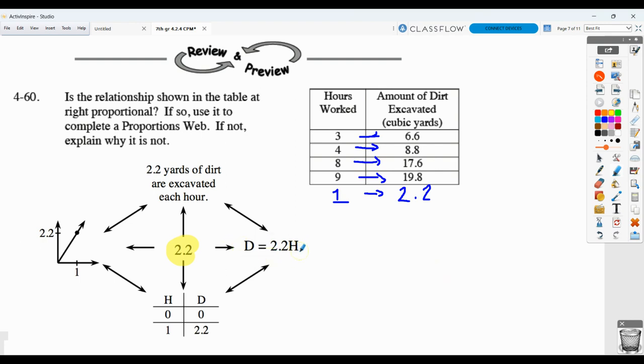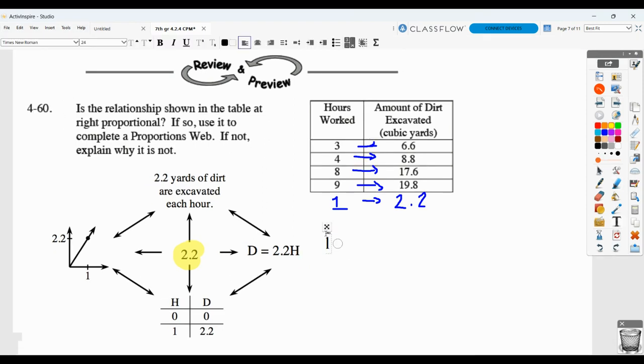Then we would want to create an equation. So they're saying, let's let H stand for hours, and they should have indicated that. And then let D equal amount of dirt excavated, and that would be in cubic yards.